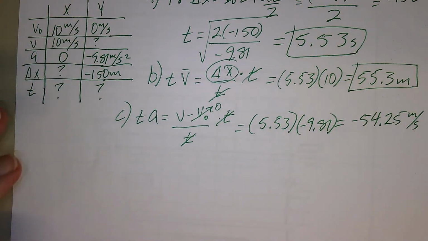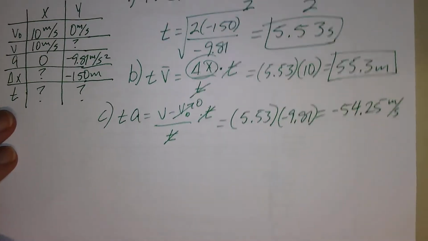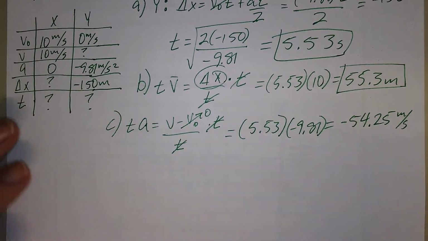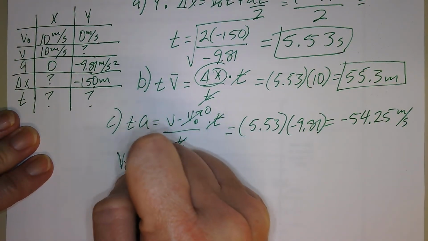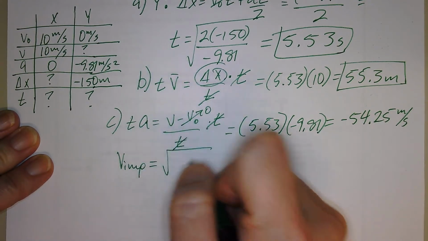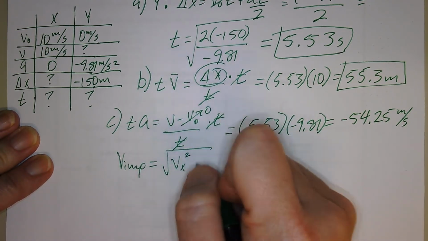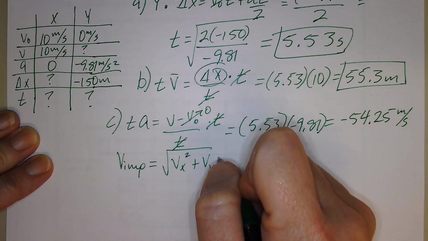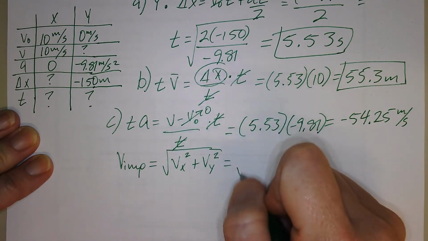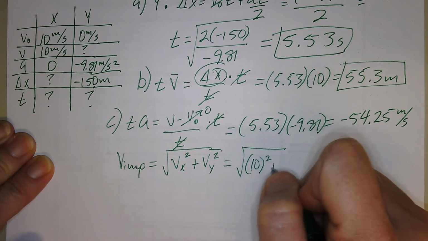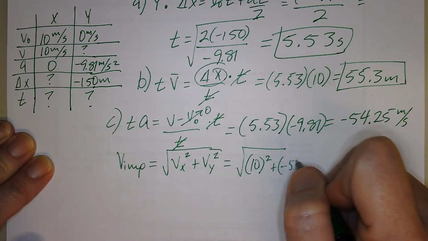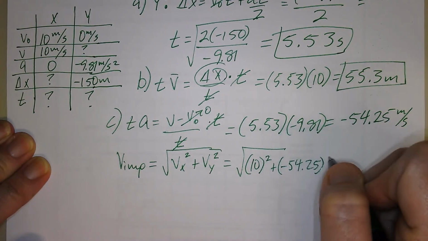Okay, so that's my final velocity in the Y. I want to know my impact. So my V impact is the square root of V final in the X squared plus V final in the Y squared. So that's 10 squared plus negative 54.25 squared.